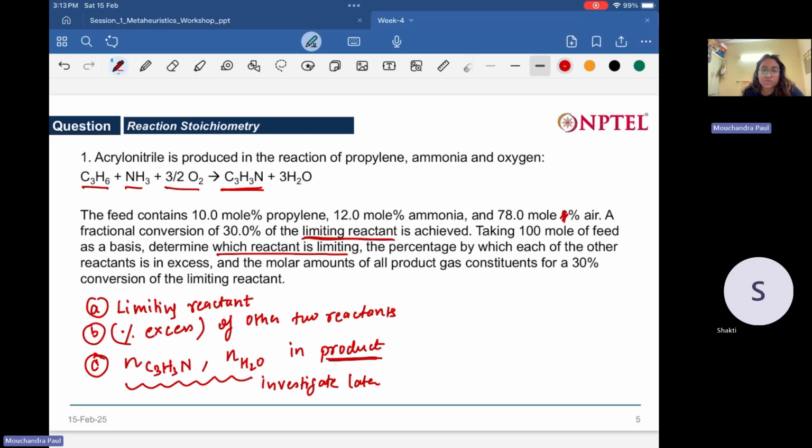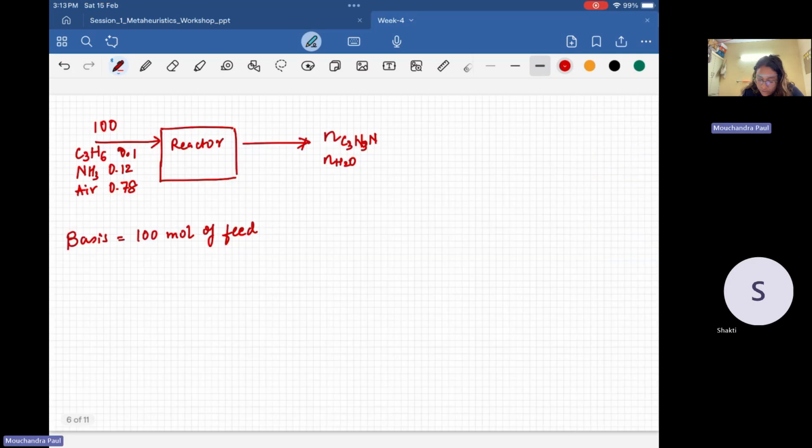So it seems likely that some of all the reactants will come out. Also note air will have two components, oxygen and N2. Oxygen will be 21%, N2 will be 79%.